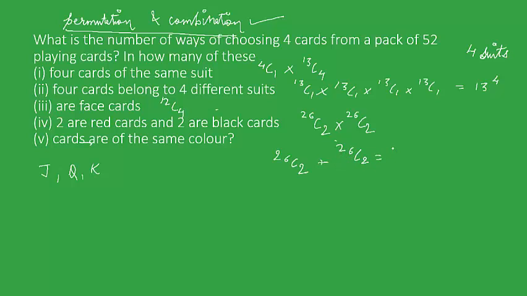So the answer will be 2C1 into 26C2. You can see that this 2C1 comes first, because we have to choose the color first, and this comes after we choose the cards from the given set.